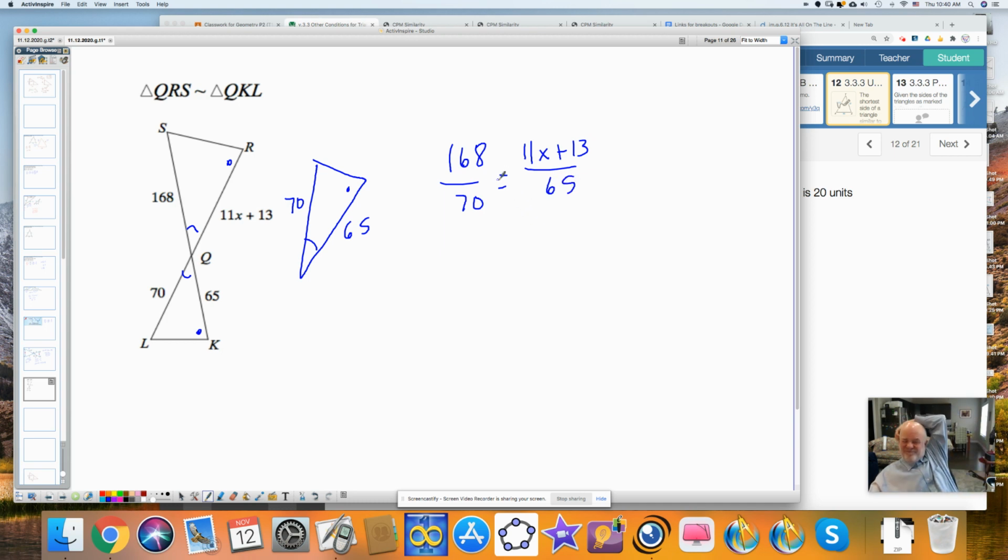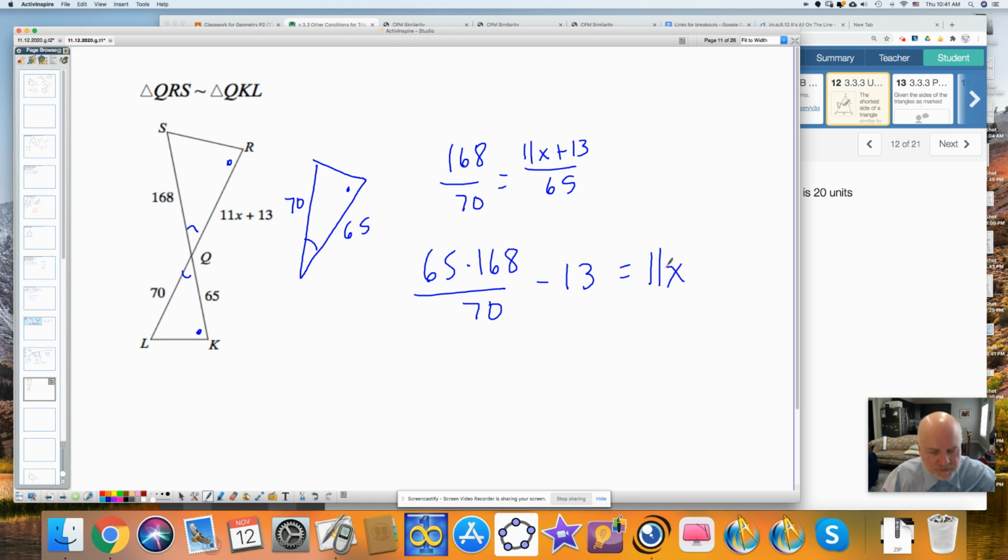Now, is there an easier way of doing this? I could plug it into a calculator. I could do 65 times 168 over 70, and then subtract 13 from it is equal to 11x. I'll do that. So 65 times 168 divided by 70.